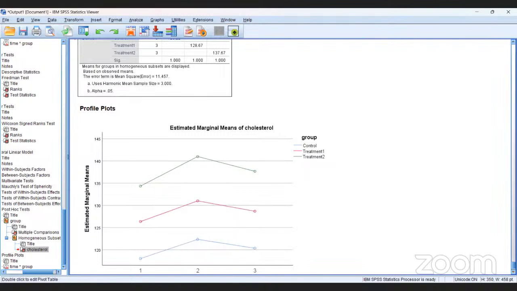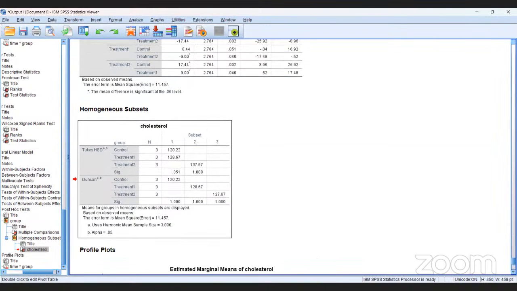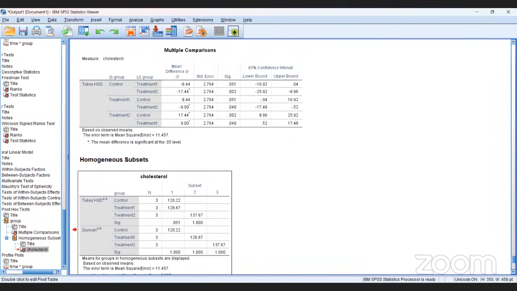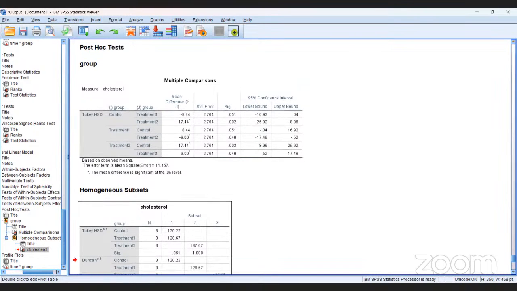I think this is clear to all of you. Any more question? So this is the multiple comparison post hoc test by the group.